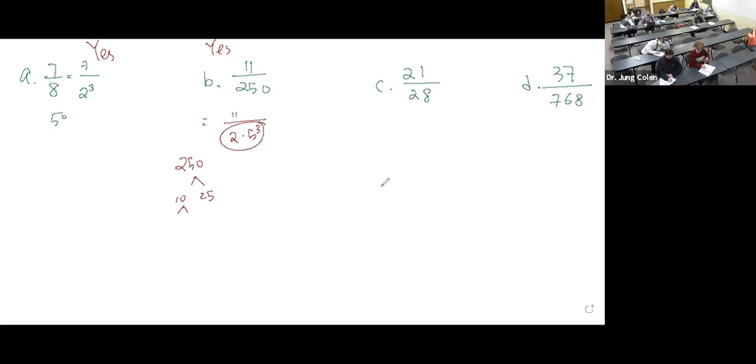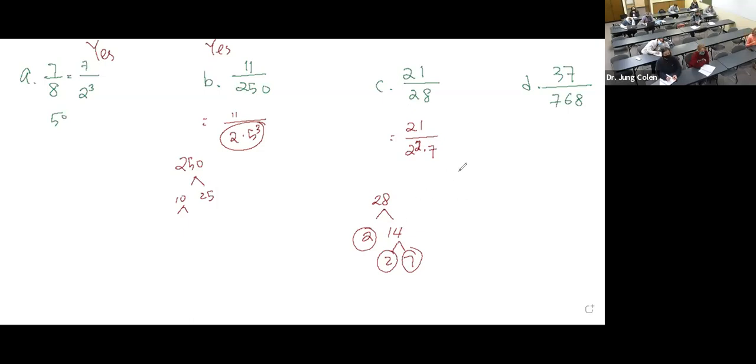How about this one, 28? Factor that, 28, 2 times 14. 14 is 2 times 7. So we have 21 over 2 squared times 7.